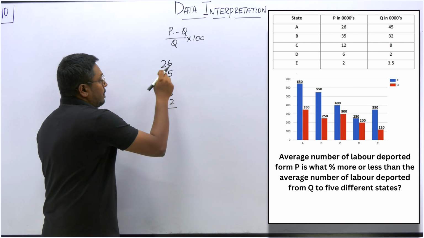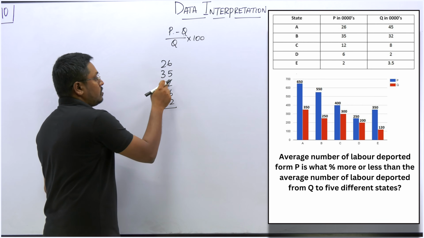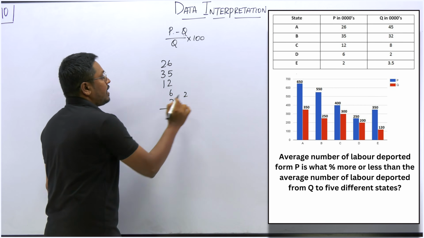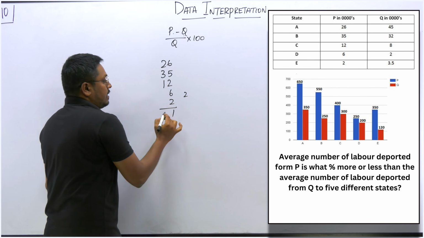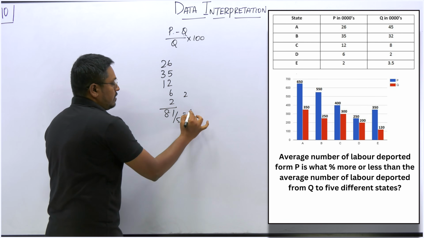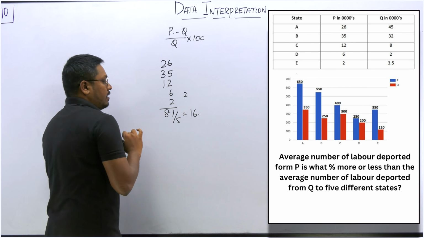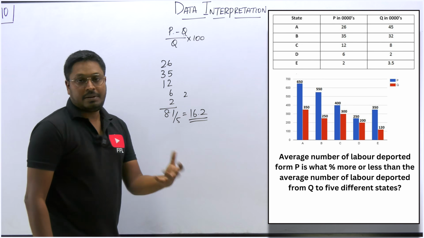Yes, so 6, 12, right? So 12, 14, 16, 21. So remaining will be 2, 3, 4, 5, 6, 7, 8. 81 divided by 5. So 1 5s are 5. So remaining will be 3. 6 5s are 30. Remaining will be 1. 16.2. So 16.2 will be the average.